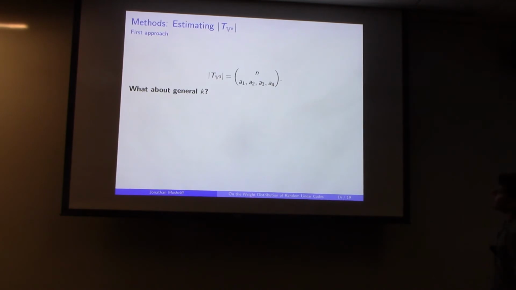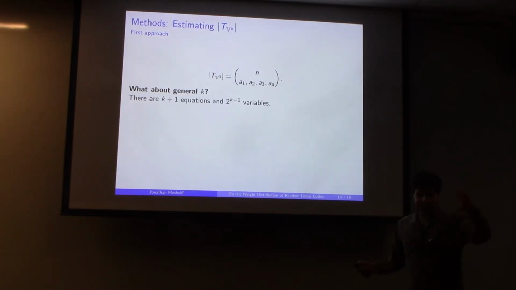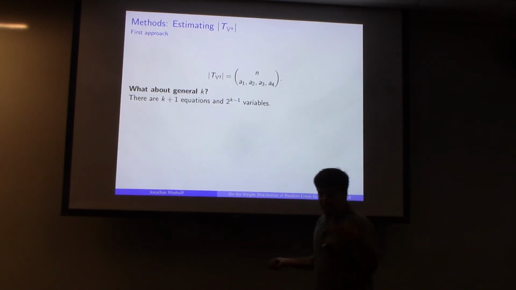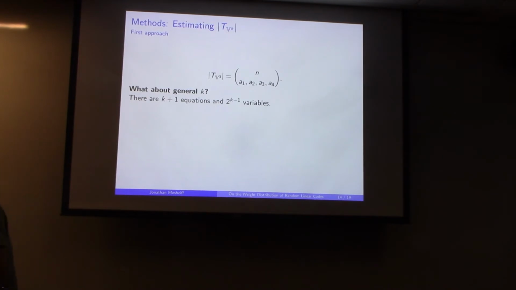And the problem is that now when we try to generalize it to some general k, we're looking at k rows and n columns, and we have 2 to the k minus 1 variables. Why do we have 2 to the k minus 1 variables? Because our variables are how many appearances we have of every column which is even.